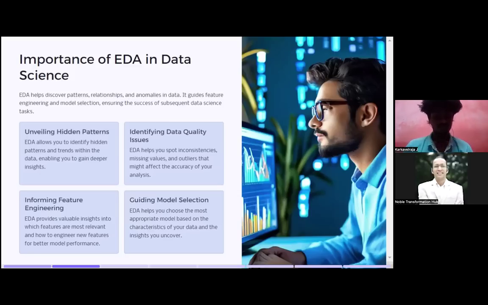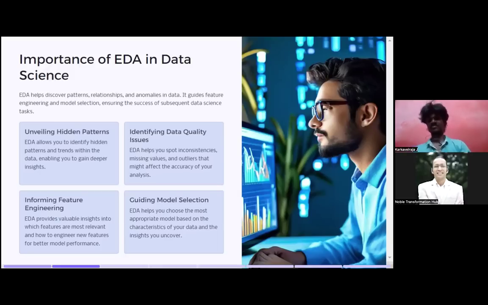Then we have informing feature engineering, where EDA provides valuable insights on which features are most relevant, and how to engineer new features for better model performance. So you have to create new features based on the existing data, which will again give insights into what kind of data it is and what the metadata or sub-metadata is saying about the data holistically.